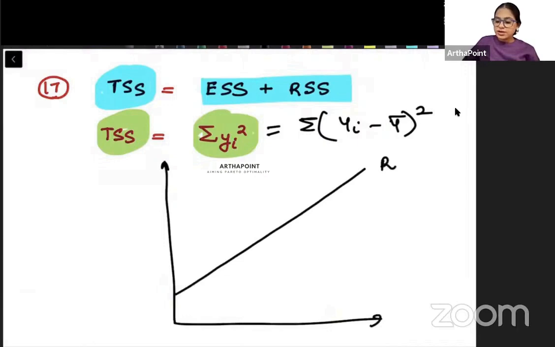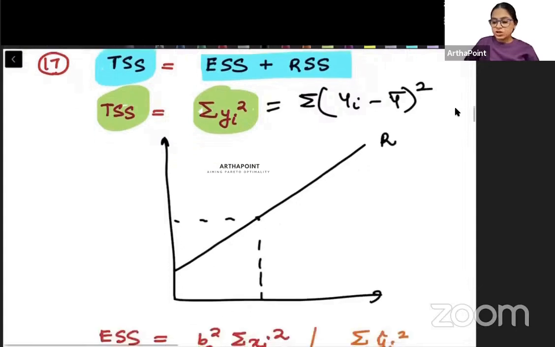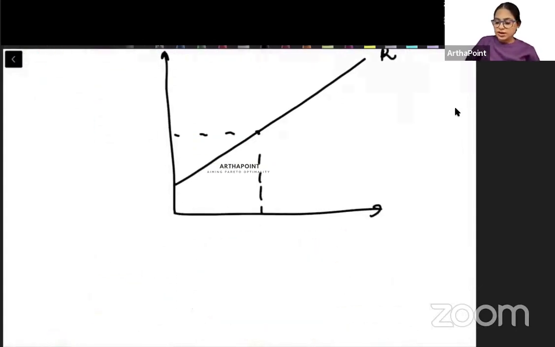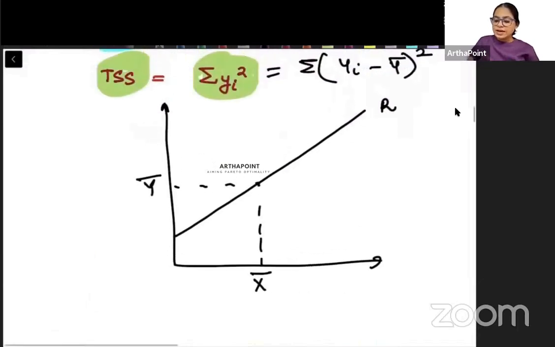So if this is my regression line, remember, the regression line passes through the mean values. So I have marked the mean of x and mean of y. And if this is my actual yi value, this will be my yi hat, the predicted yi, and this will be the mean of yi.